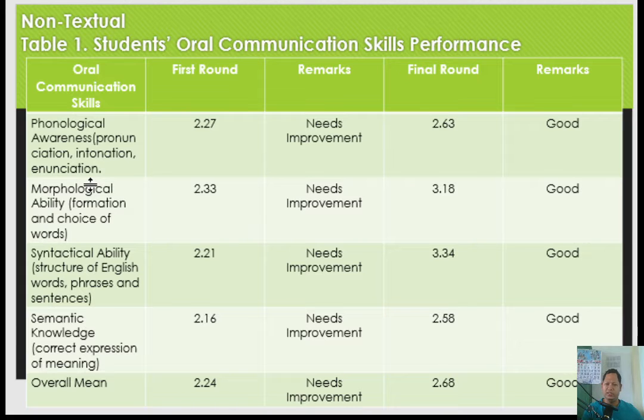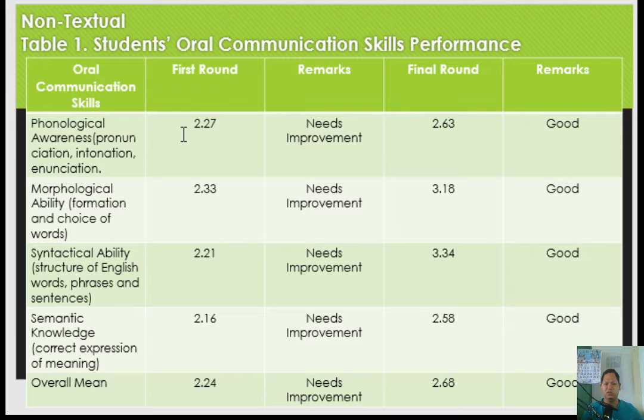The rubric you can search in the internet, it depends upon the problem you are conducting. You can have that in Google. You can search for the rubric to assess the performance of your students.